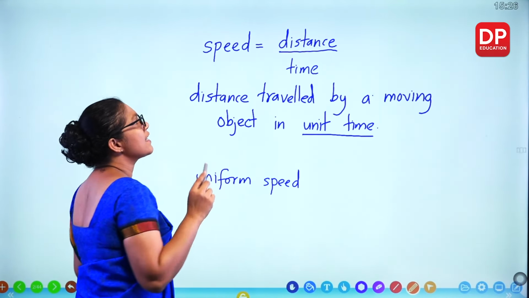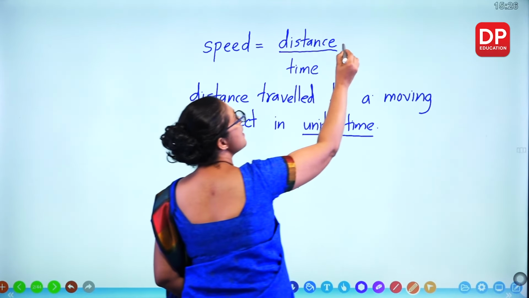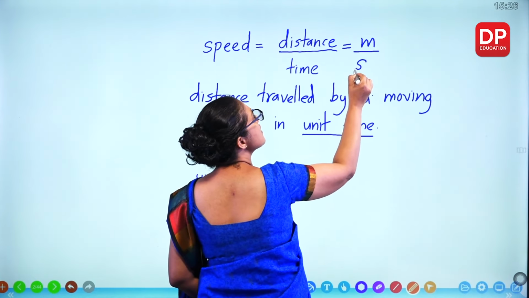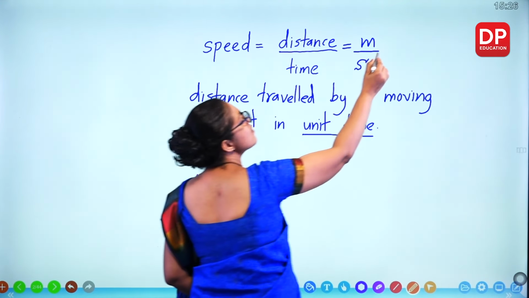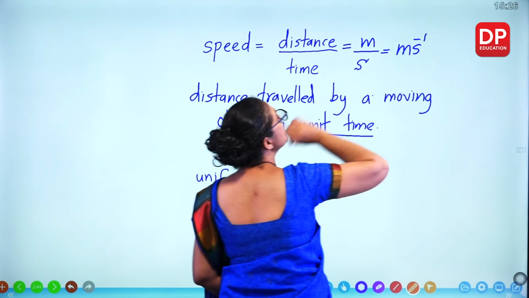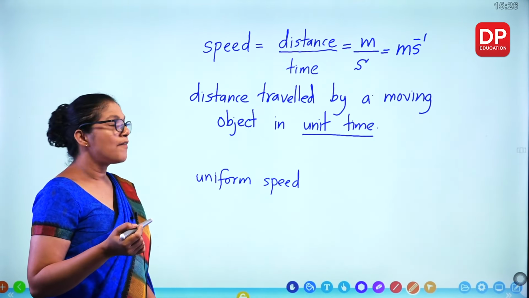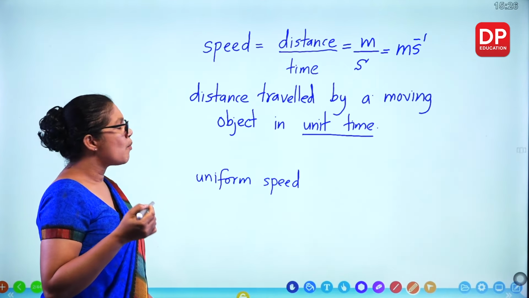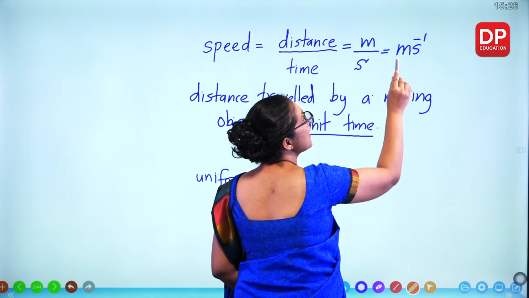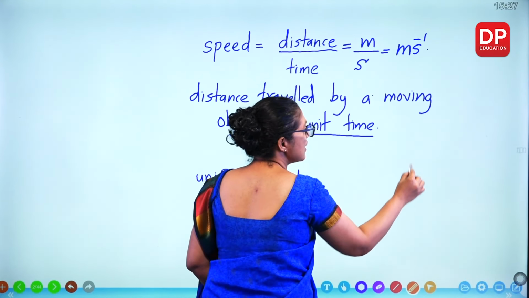When you take the units, you can take distance as meters and time as seconds. We use S. So we can write meters per second as the unit. Or if the distance traveled is in kilometers, what units can we use?